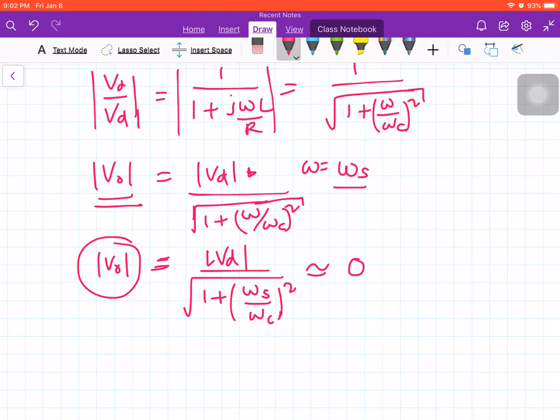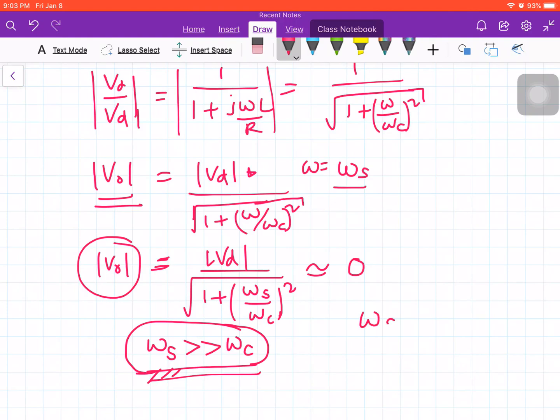In order to achieve this, the denominator term must be very high. That means the switching frequency should be far greater than the crossover frequency. That's how we eliminate the higher order harmonics, and we can design a filter such that this relation is achievable.